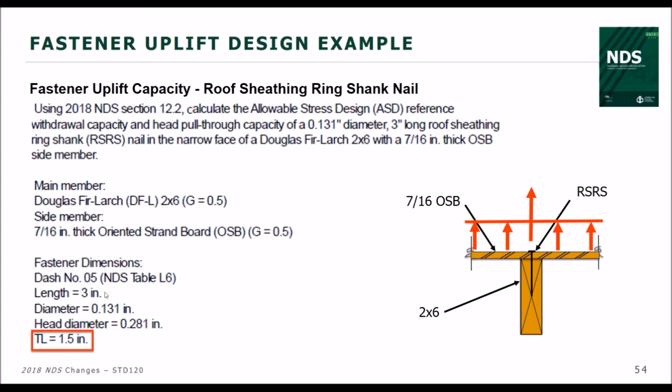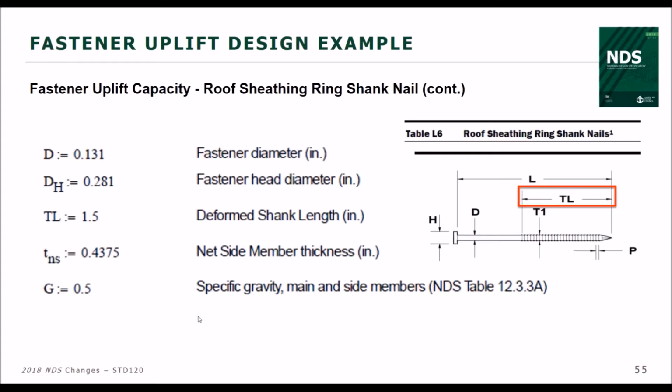The length of the nail is 3 inches, as we showed in the assumptions there. Diameter 0.131 for the shank, a head diameter of 0.281. But then the thread length, come back to thread length versus nail length, is 1.5 inches. So we jump to the next slide. Remember, we're going to use thread length for this withdrawal calculation.